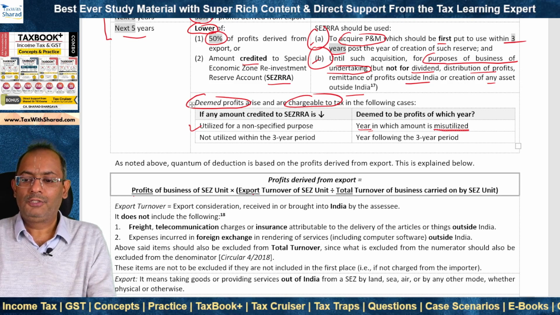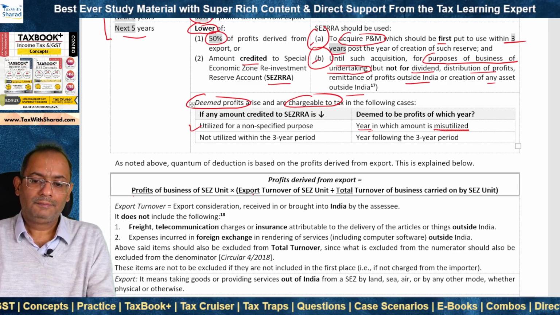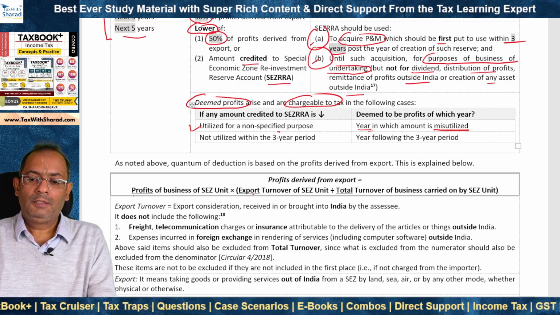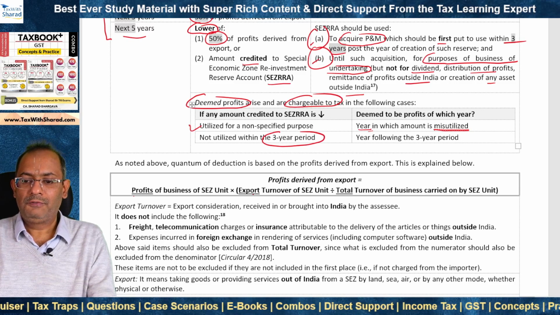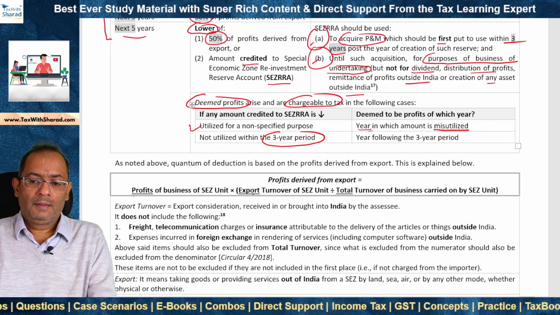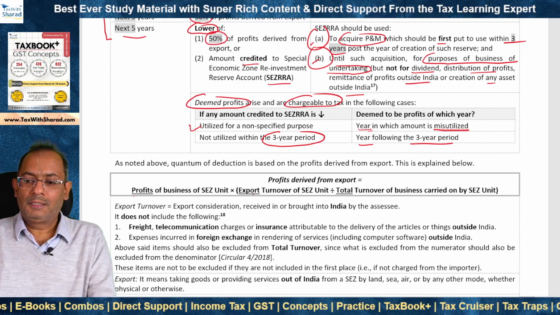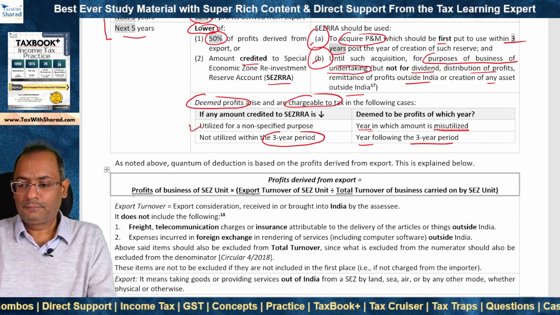So the amount which is misutilized is brought to tax. Similarly, if the amount is not utilized within the 3-year period which we discussed, then deemed profits arise and they are taxable in the year following such 3-year period.